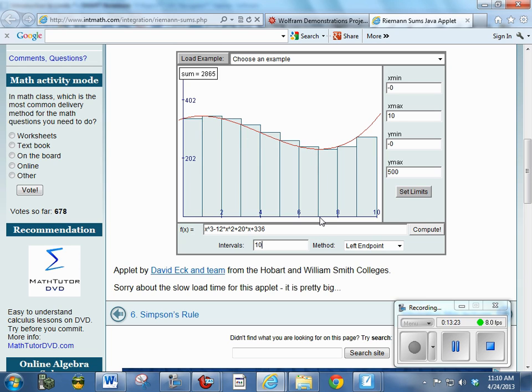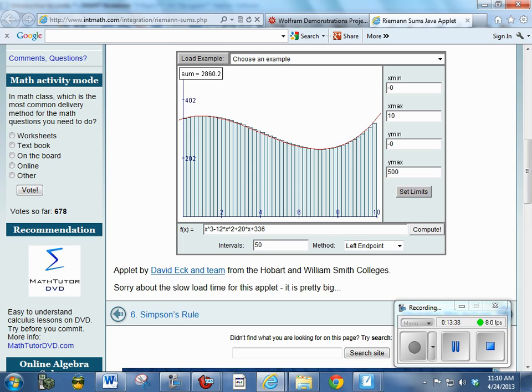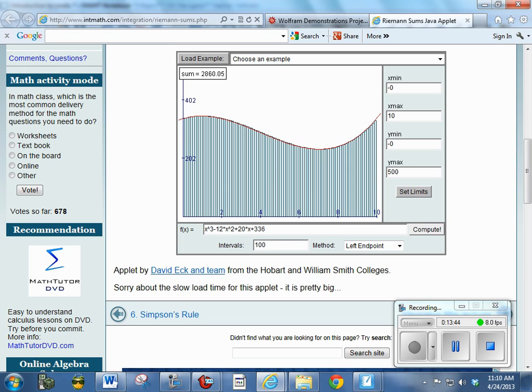Ooh, now we're getting a really good approximation. The top edges of these rectangles look more and more like the actual curve. Let's try 50. Ooh, that's really impressive. Now let's try 100. Wow. If we go to that extent, we almost have the exact area.